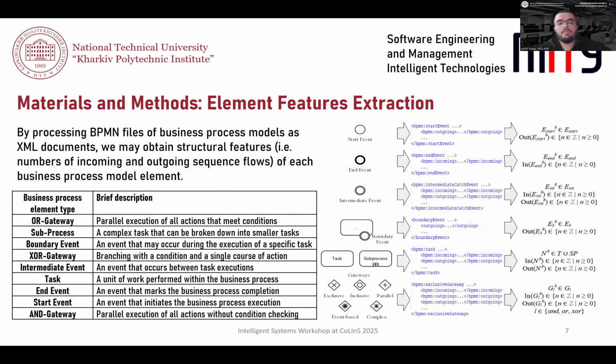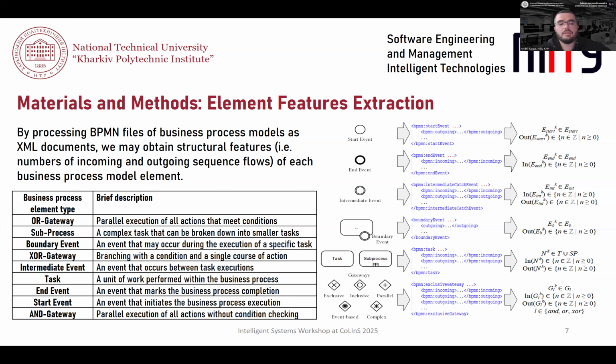Sub-process, a complex task that can be broken down into smaller parts. Boundary events that may occur during the execution of a specific task. XOR gateways that introduce branching with conditions and only one course of action.